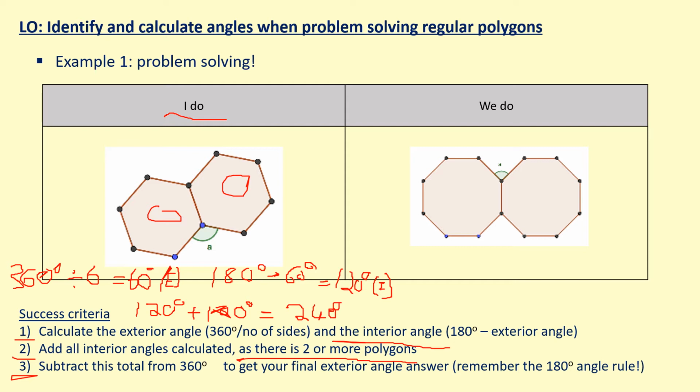Just because of room, I'm going to go up above again to the left. We take our 360, because remember all angles of a polygon equal 360. We subtract that 240 that we've calculated.